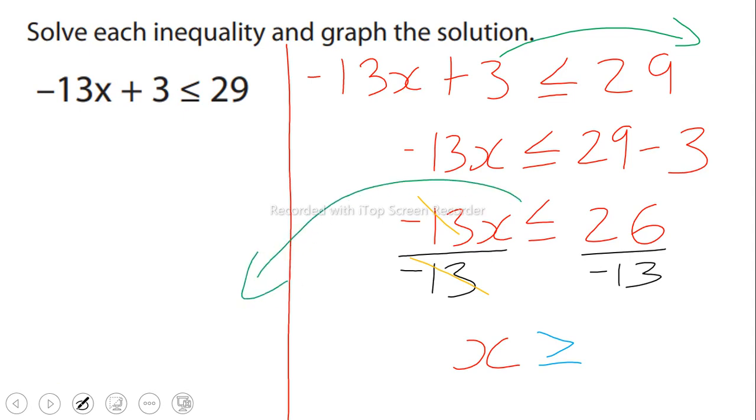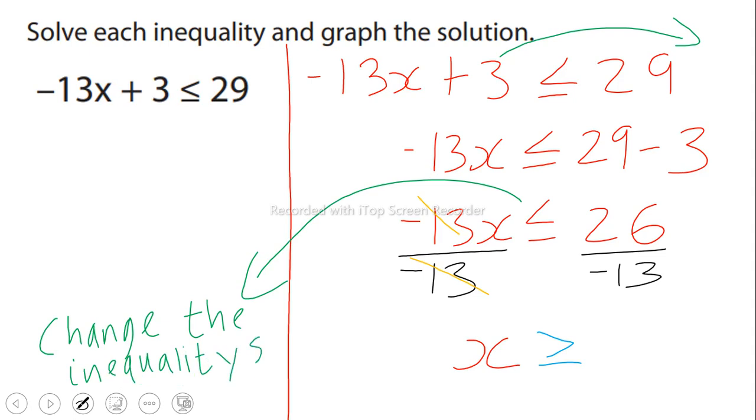Anyone can remember why we change the inequality sign? Every time we divide by a negative, you always flip it to the opposite side. Very good.